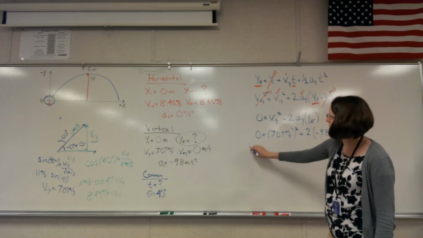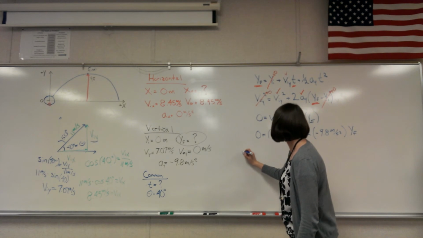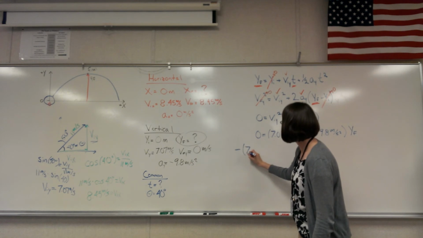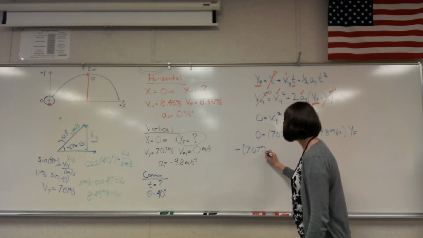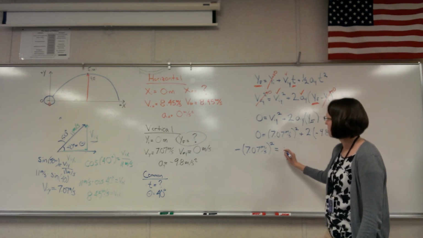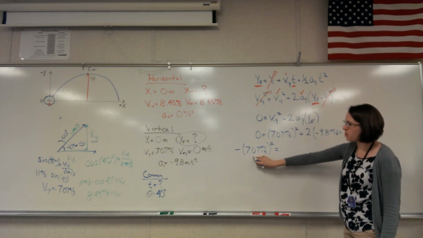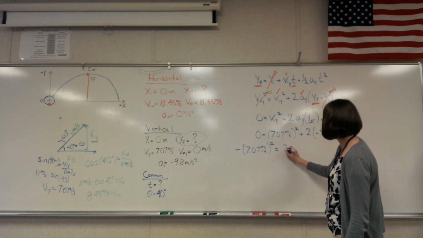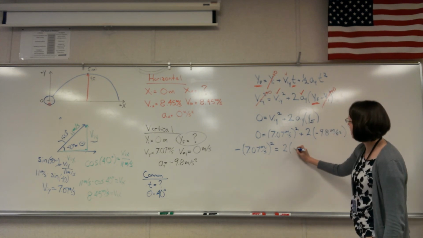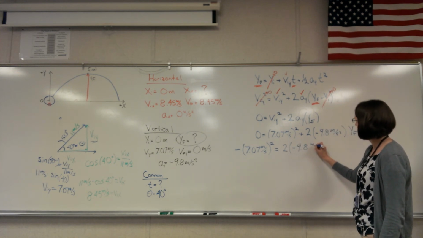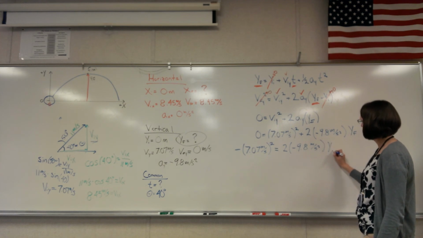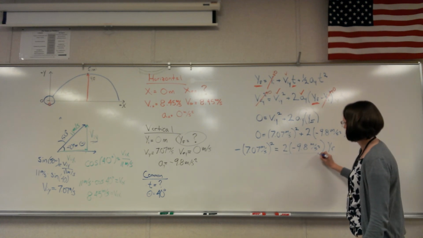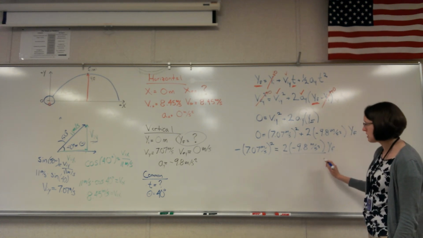I'm going to bring this term to the other side. So we'll have negative, so now we have the opposite of 7.07 meters per second squared is equal to 2 times negative 9.8 meters per second squared times our final position. So now we can divide both sides to get our final position alone on the right-hand side.